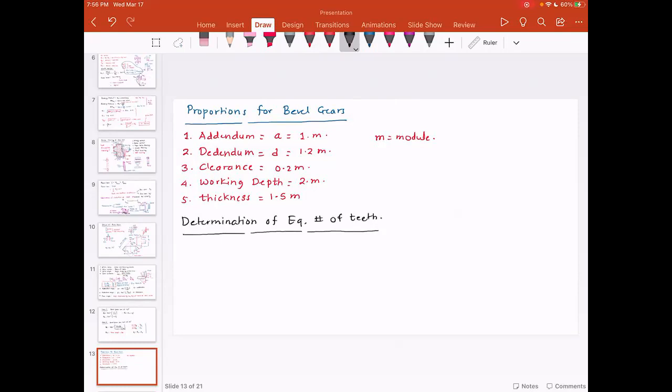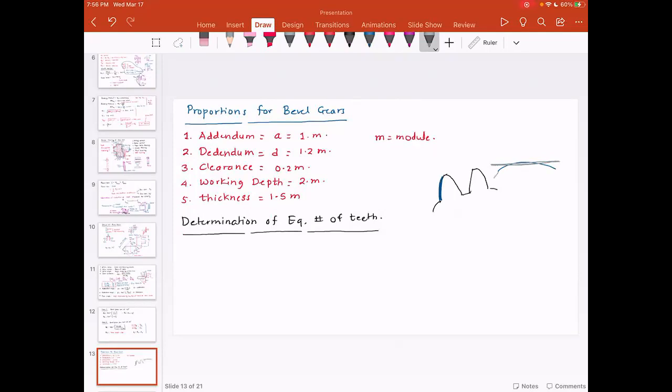If you look at the involute profile for the spur gear, this is how the spur gear looks like. This is the involute profile for the spur gear. This involute can be generated by a line or a plane rolling on the circle. So this profile that is traced is involute.